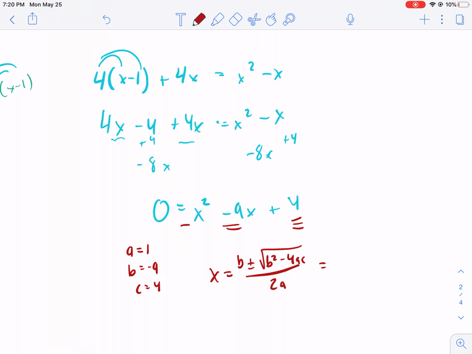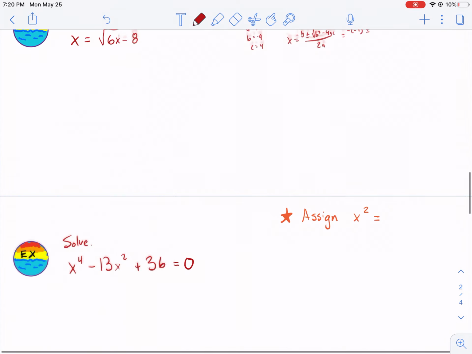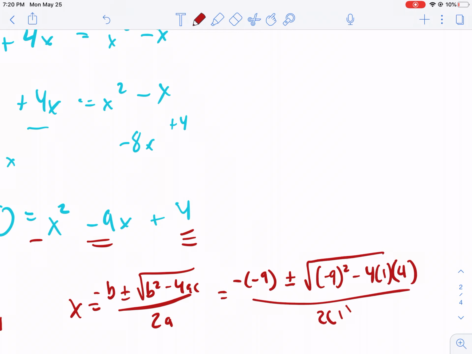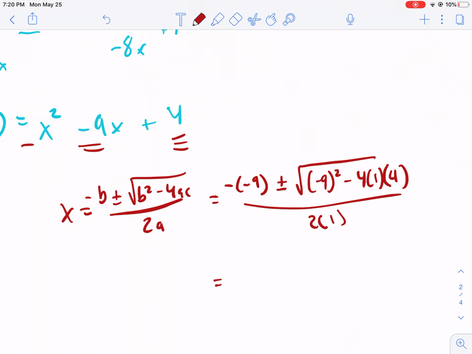So we have negative negative 9 plus or minus the square root of b squared, which is negative 9 squared, minus 4 times a is 1, c is 4, all over 2 times 1. Let's simplify this further. We have positive 9 plus or minus the square root of 81 minus 16, all over 2.